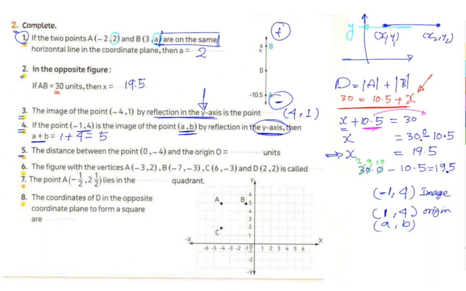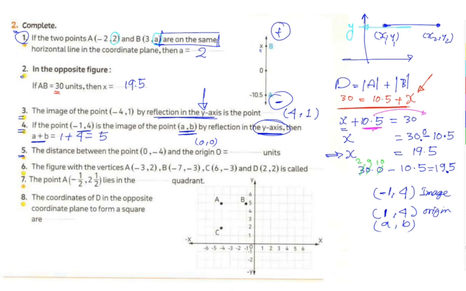Okay, next point 5. Distance between the point 0 and negative 4 and the origin 0 equals what? We know the origin point has coordinate 0 and 0. I need to find the distance, right? So the distance here, we have the same x value.